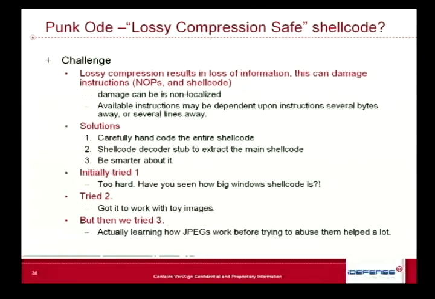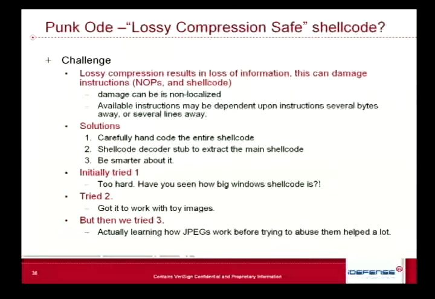One of the solutions we tried was carefully hand-coding the entire shellcode so it would decode properly in a JPEG, which was very hard, and Windows shellcode's huge. The second method was to make a shellcode decoder stub and use that to extract the main shellcode and execute that.